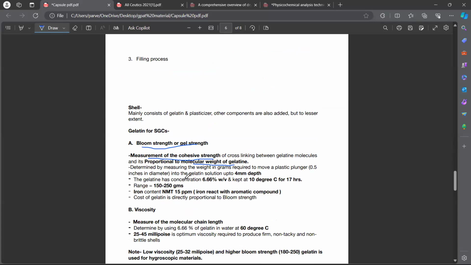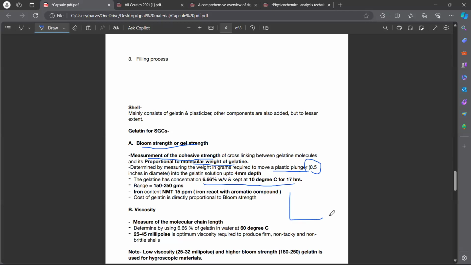A gelatin concentration of 6.66% weight by volume kept at 10 degrees Celsius for 17 hours is used to measure the bloom strength, and it is measured by measuring the weight in grams required to move a plastic plunger. Some of the parameters which have to be remembered in bloom strength: the diameter of the plastic plunger is 0.5 inches.